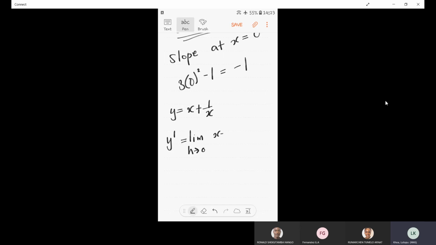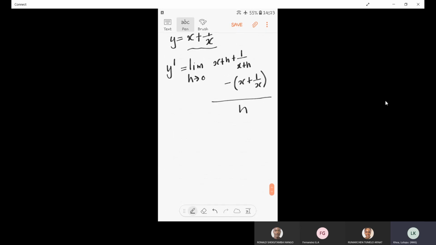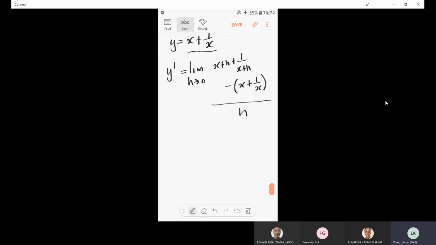I have x plus h plus 1 over x plus h, and then I subtract this the way it is. So minus, let me just write it at the bottom here, minus, and I put it in brackets to show that I am subtracting the whole thing. That's what I have. And this is still over h. This is the definition. Then I try and simplify as far as possible.